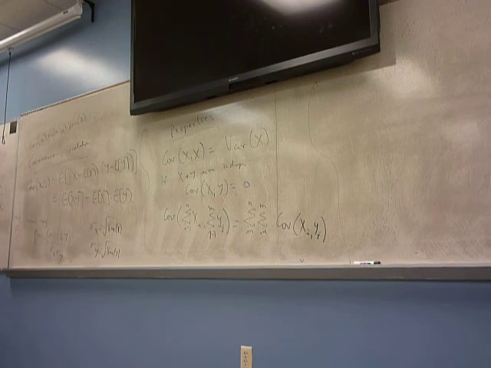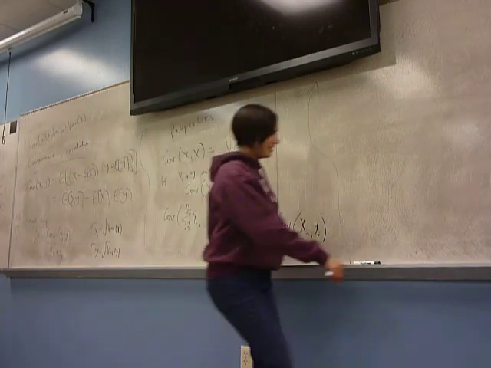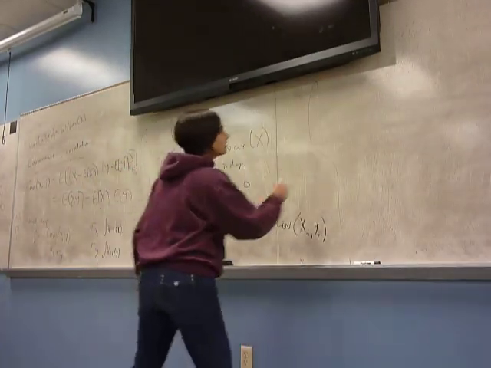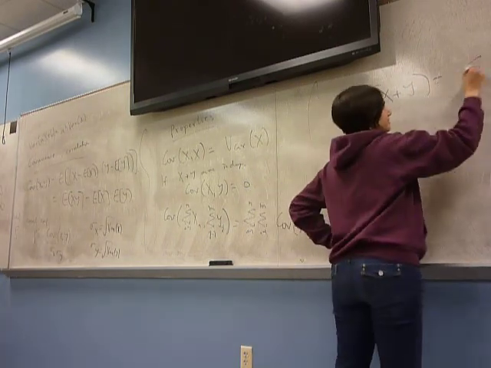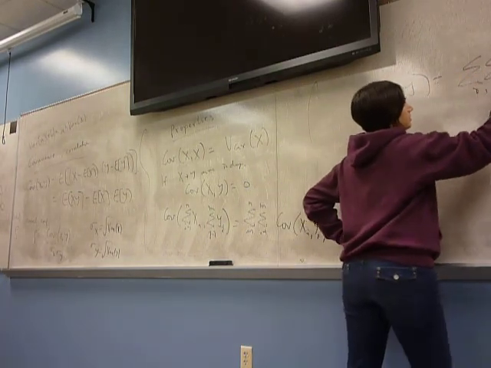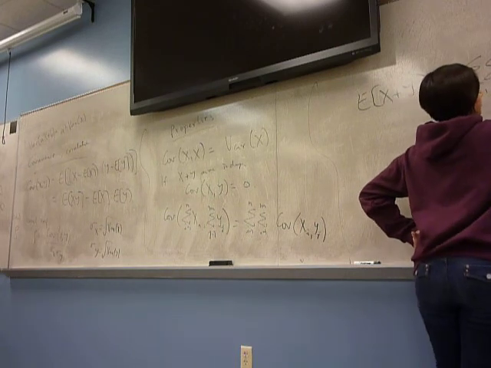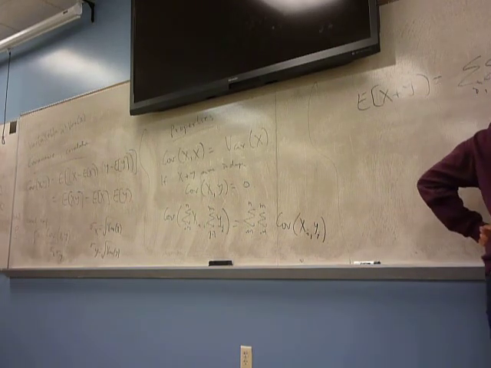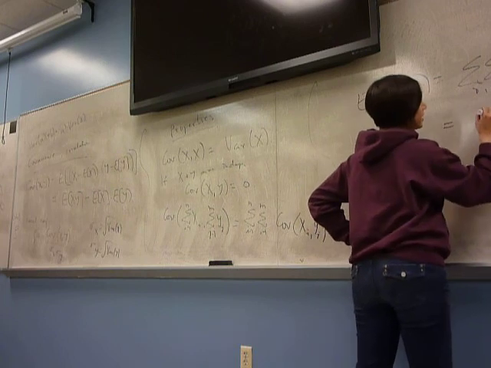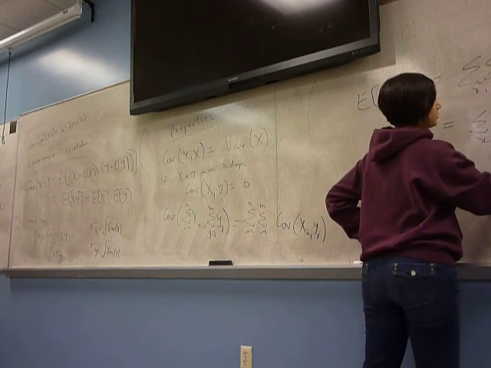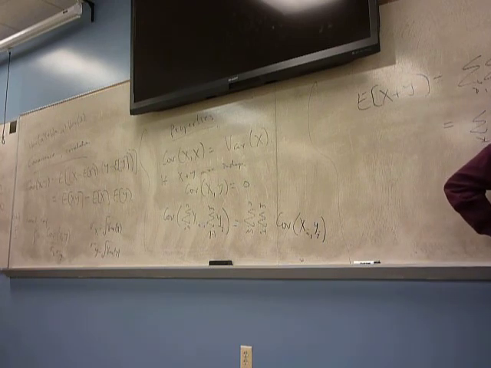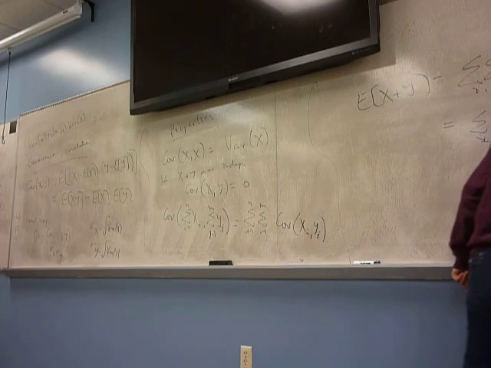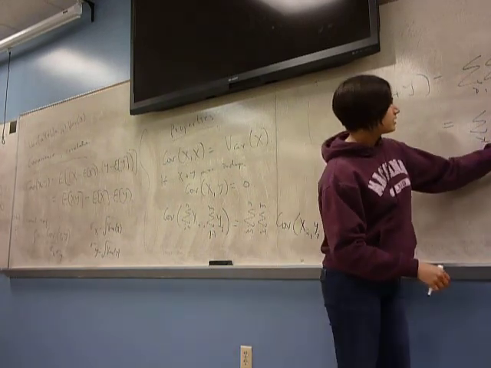Okay, I'm not going to do all this again. Just remember that formula. Expected value of x plus y. Okay, I'll do 2. Distribute that, you get, so now this is only x.